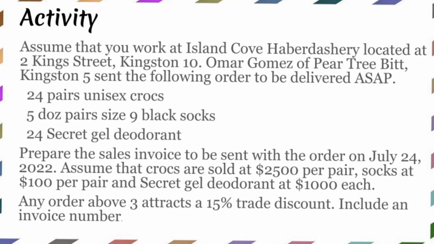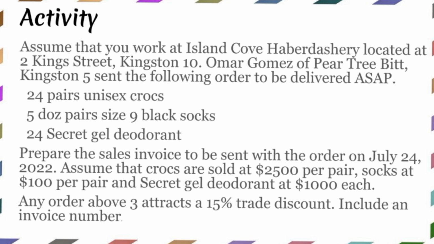Here is a question for you to try on your own. Pause the video and prepare the invoice. Then continue watching to see if you have correctly prepared your invoice. Assume that you work at Island Cove Haberdashery located at 2 King Street, Kingston 10. Omar Gomez of Pear Tree Bit, Kingston 5, sent the following order to be delivered ASAP. 24 pairs unisex Crocs, 5 dozen pairs size 9 black socks, 24 Secret Gel deodorant.